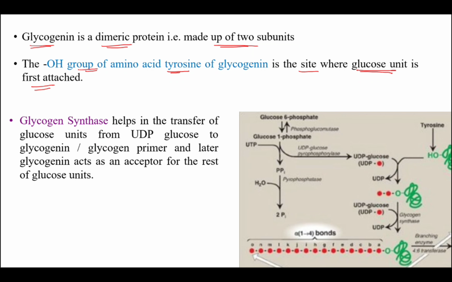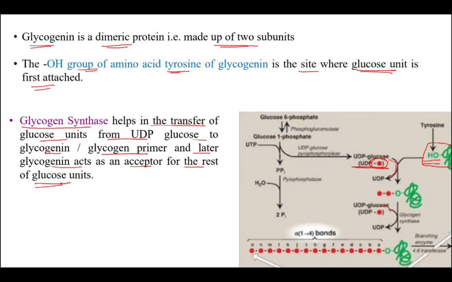Once the UDP glucose is synthesized, the glucose unit from this UDP glucose is transferred to the hydroxyl group of the tyrosine of glycogenin in the presence of the enzyme glycogen synthase. So glycogen synthase helps in the transfer of glucose units from UDP glucose to the glycogenin or glycogen primer, and later glycogenin acts as an acceptor for the rest of the glucose units.